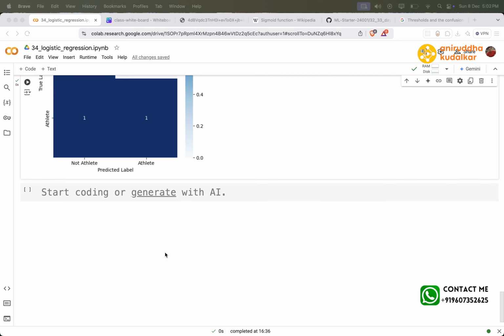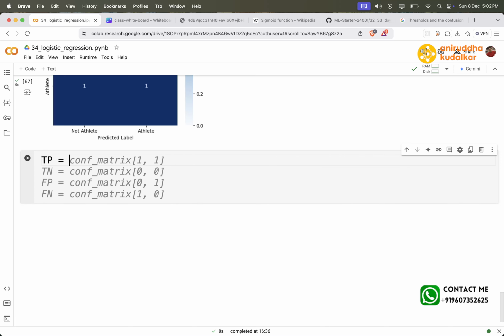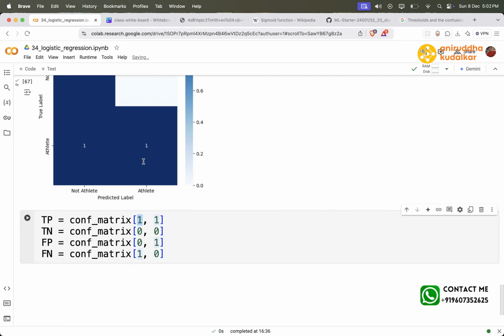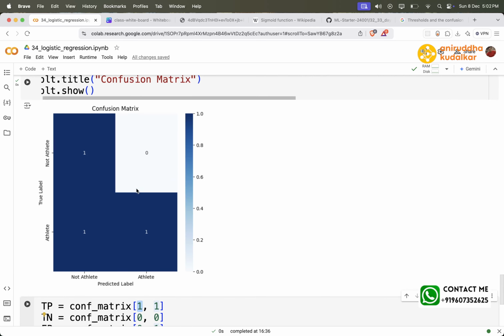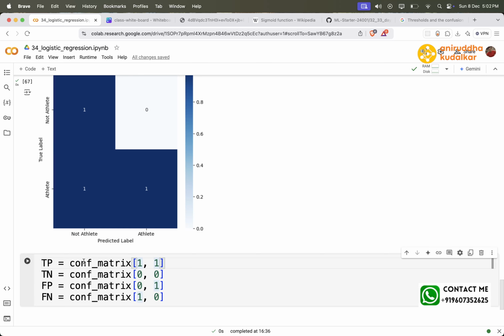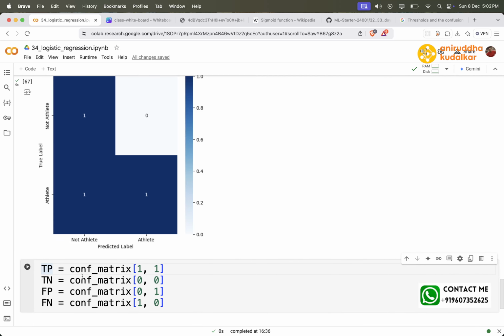So here you can calculate the precision. Let's get the TP equals conf matrix 1 1, the true positives. Can you see the location of the true positives in this matrix? First row, first column, this one. True negatives.